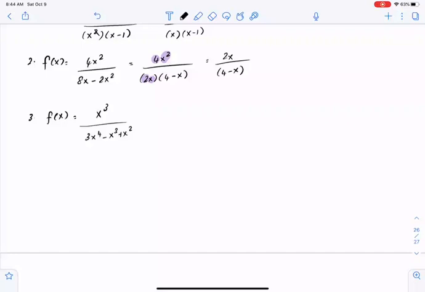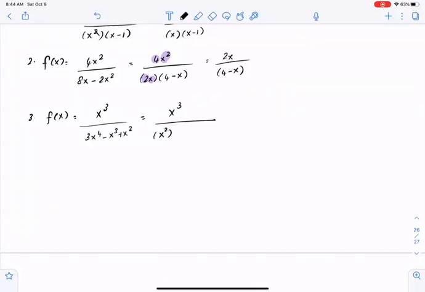So should we keep the numerator and denominator as is? No, because we see a whole bunch of x's that are in common. So I'm going to keep the numerator as is. And in the denominator, I see that x squared is common to all 3 terms.